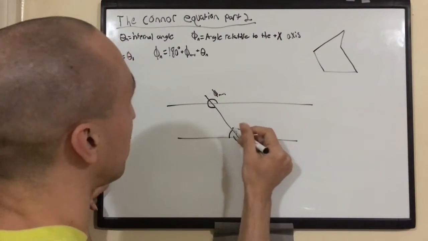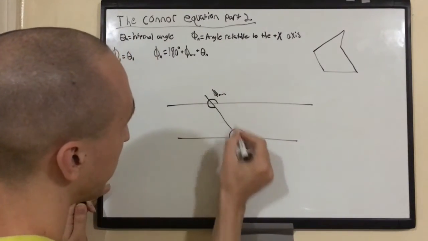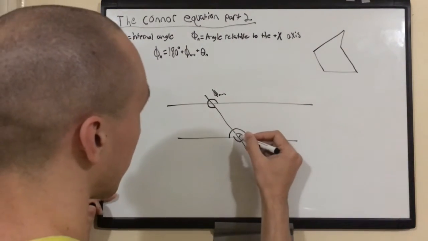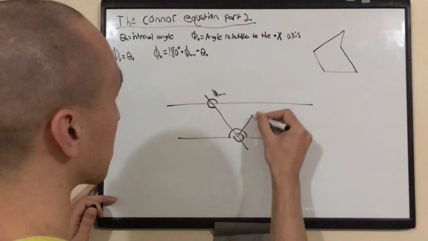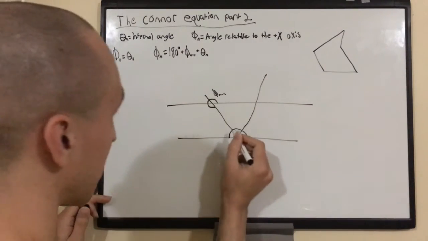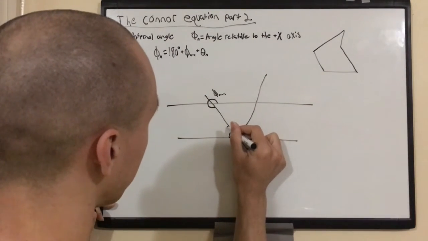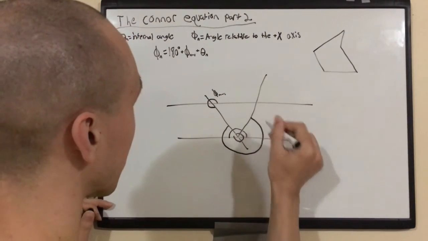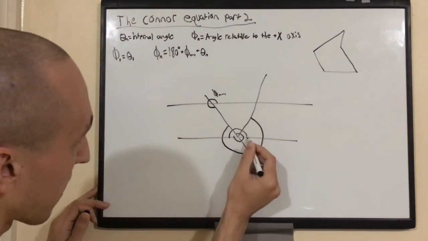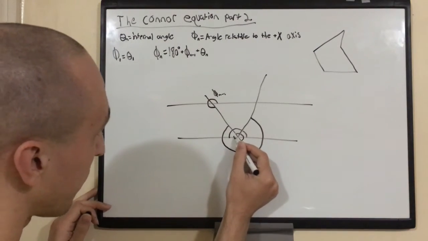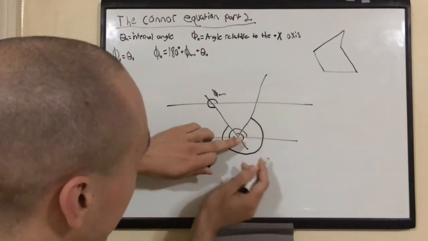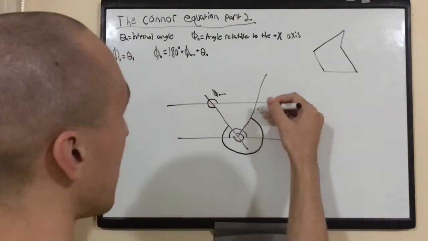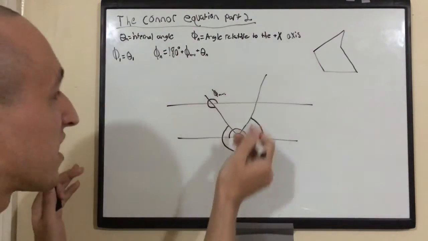So 180 degrees, phi n minus 1. Man, that theta, let's make it enormous. Bam. So theta is going to be monstrous. 180, phi n minus 1 takes us to this side, and then you just add the angle that connects the side, and you get to the other side, and that is good.